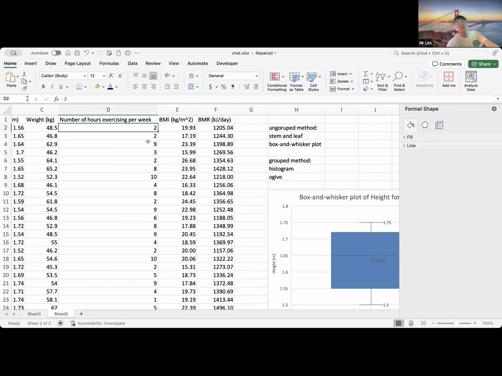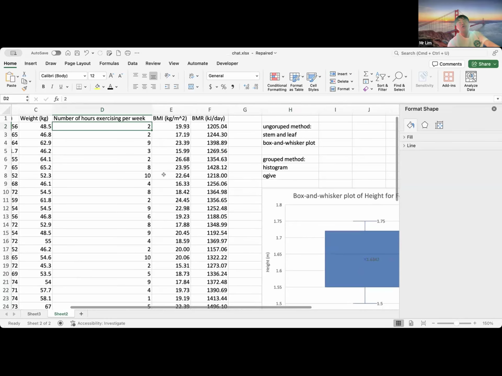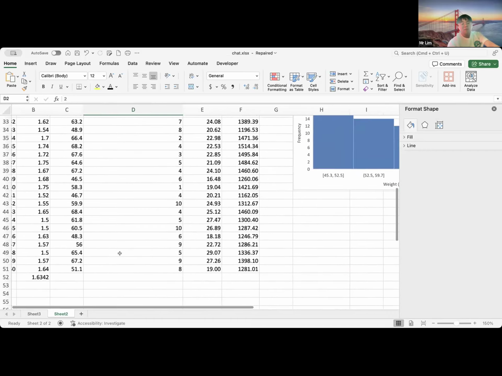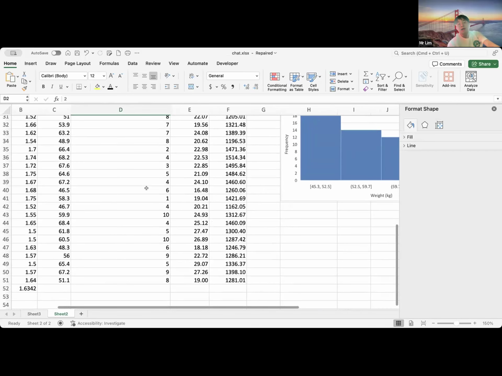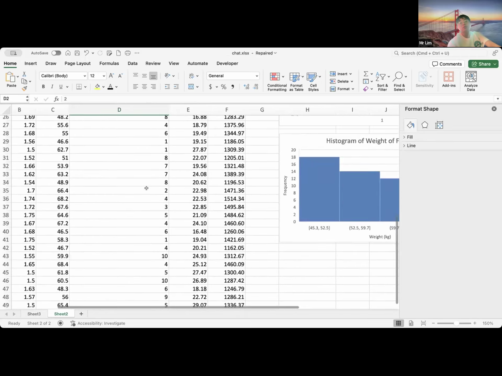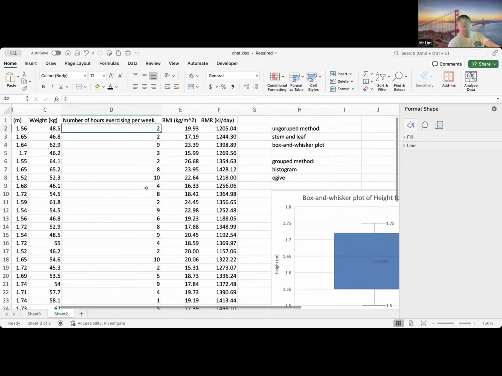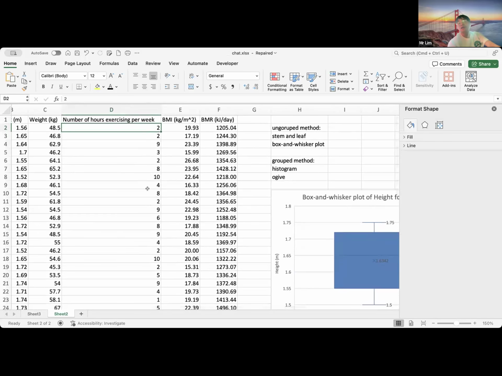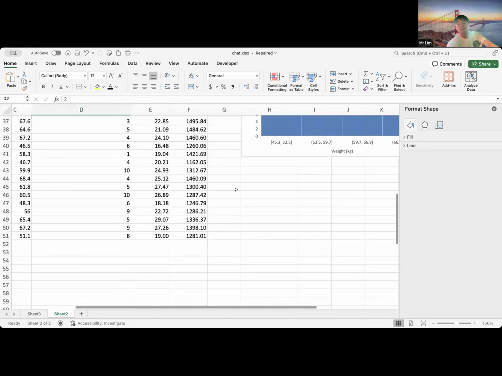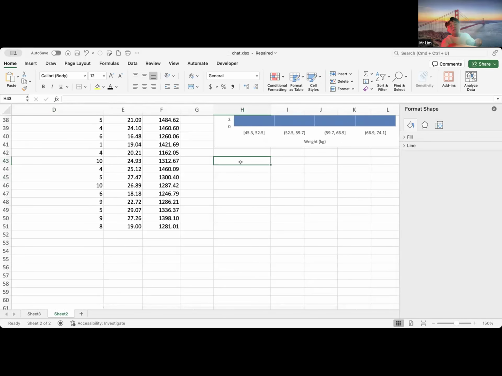I want to group number of hours 1 to 2 together, 3 to 4 together, 5 to 6 together, 7 to 8, and 8 to 9. I believe my data here are only numbers from 1 to 10, right? Nobody doesn't exercise per week, but I believe that there must be some. So just assume this data is okay.